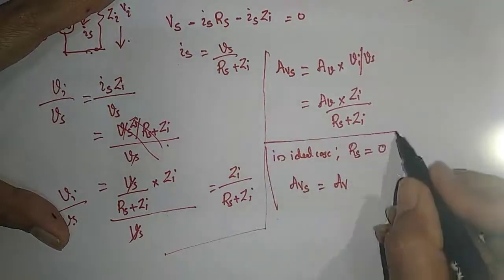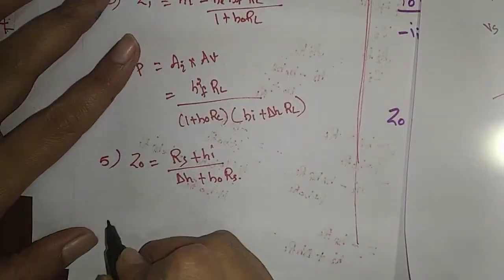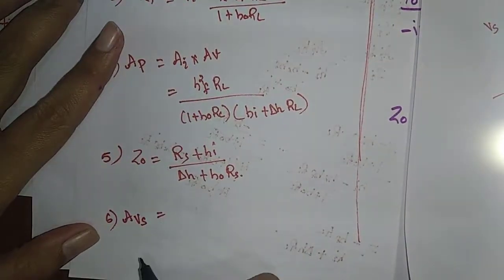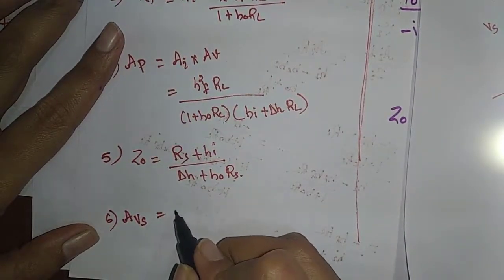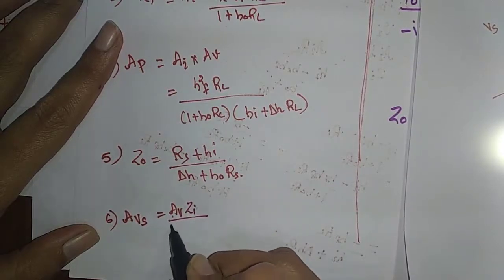In an ideal case, the overall voltage gain of the circuit should be equal to the voltage gain of the transistor. So what is the equation for overall voltage gain? Shall we write it out here? Sixth equation, overall voltage gain of the circuit AVS is equal to voltage gain AV into Zi divided by Rs plus Zi.